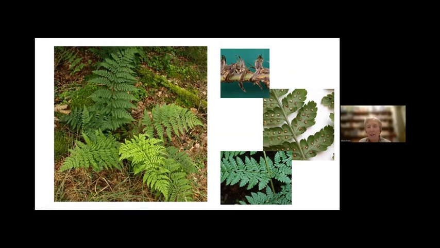And then a very common 3 times divided fern. So you can see here that these pinnules are divided into pinnulets. It has kidney-shaped indusia again, but they're often difficult to see because they shed very early, usually in this plant, but it has these dark stripes down the middle of its scales.